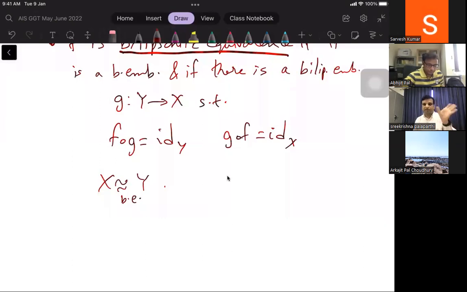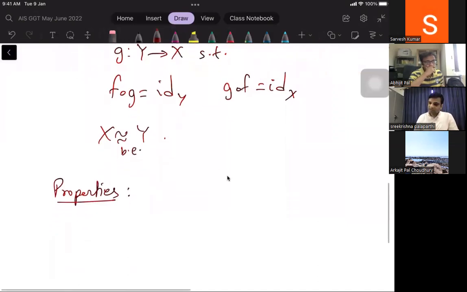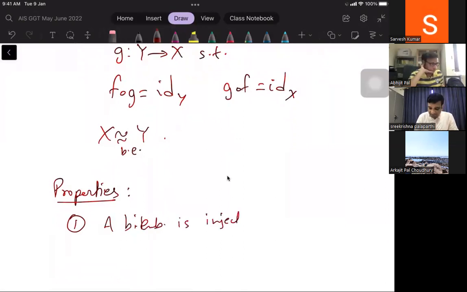I am having the Cayley graph of Z in mind when I talk about this. The following properties of bi-Lipschitz equivalence can be easily verified. Like I mentioned, a bi-Lipschitz embedding is injective.